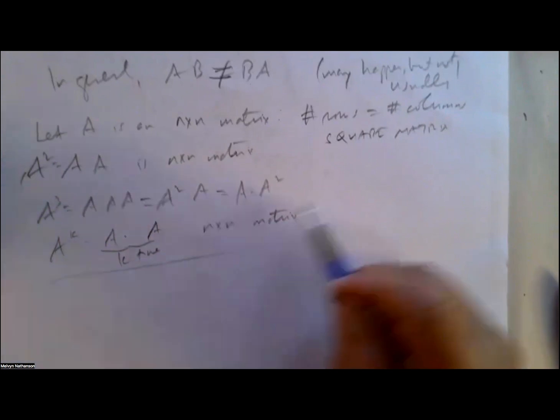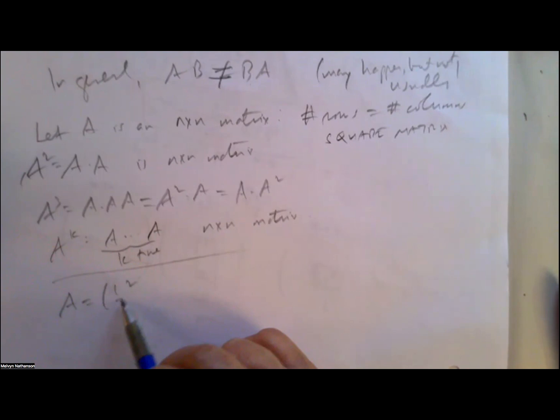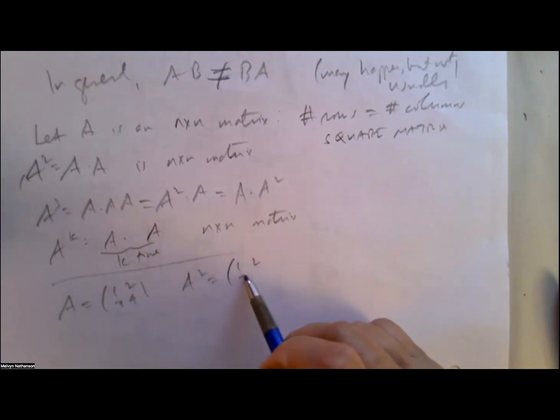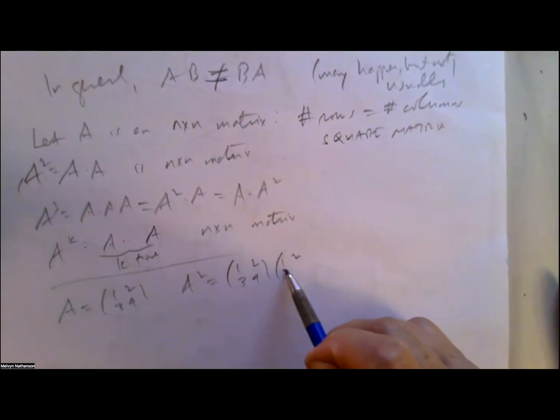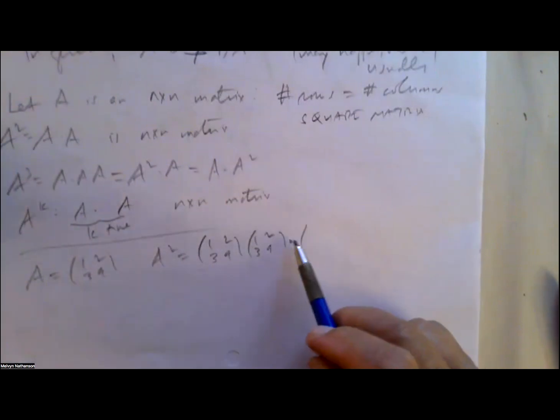So for example, if A is 1, 2, 3, 4, A squared, you multiply A by itself. So multiply A by A and tell me what you get.